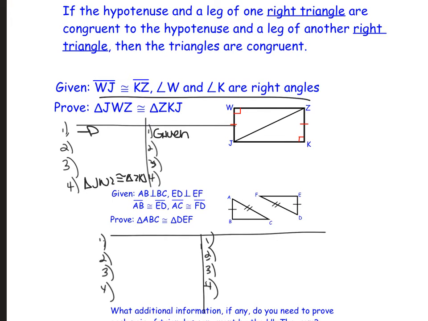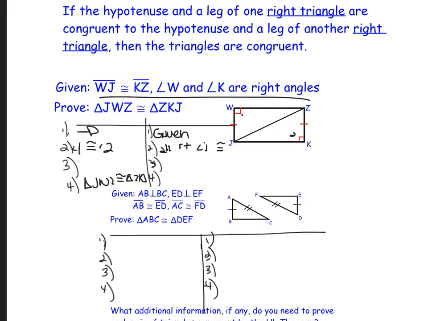I'm going to number my angles just to make it a little bit easier, and I'm going to say angle 1 is congruent to angle 2. My reason for that is all right angles are congruent.